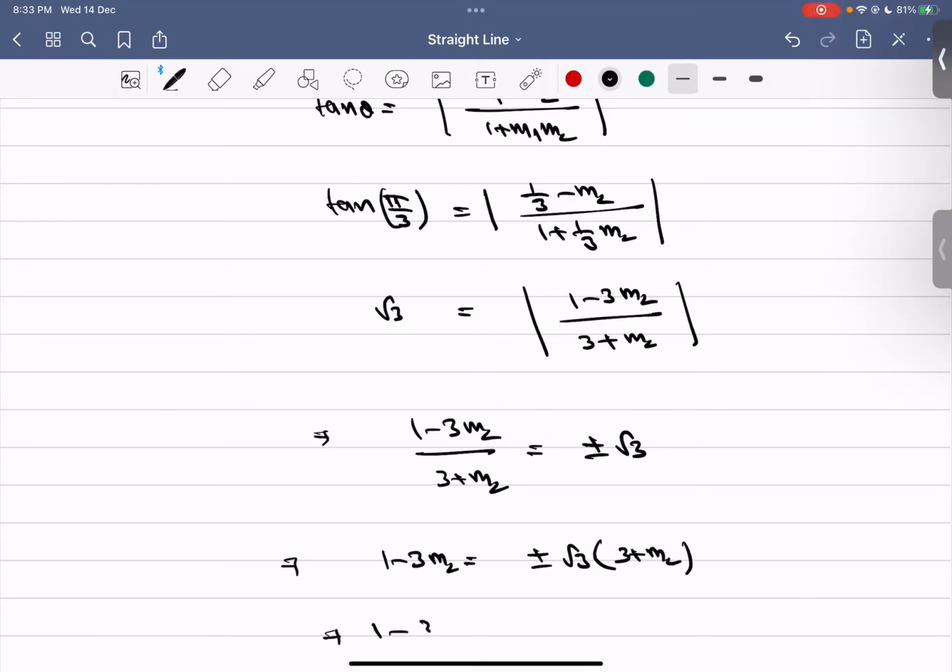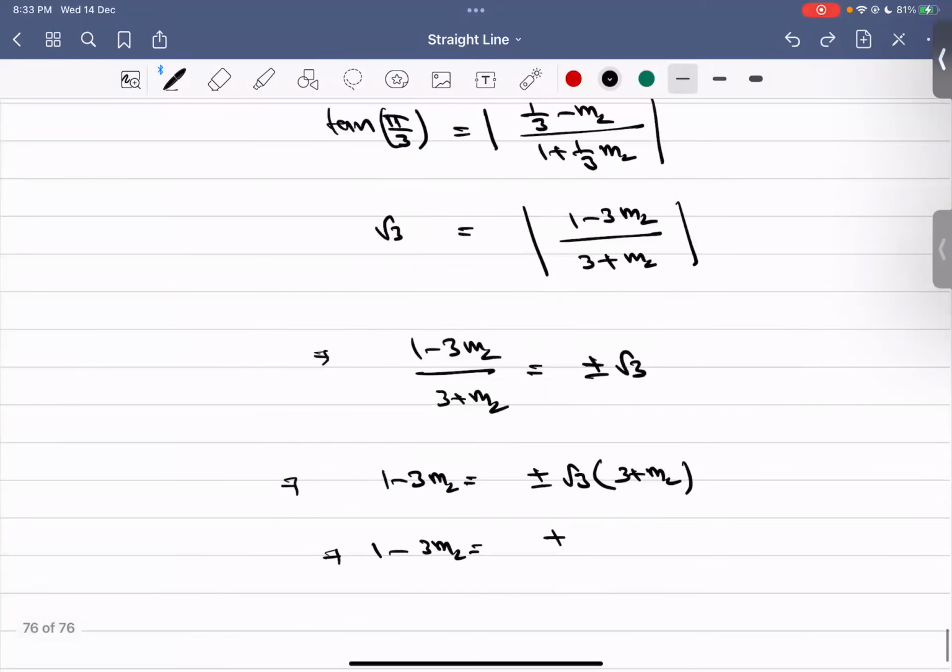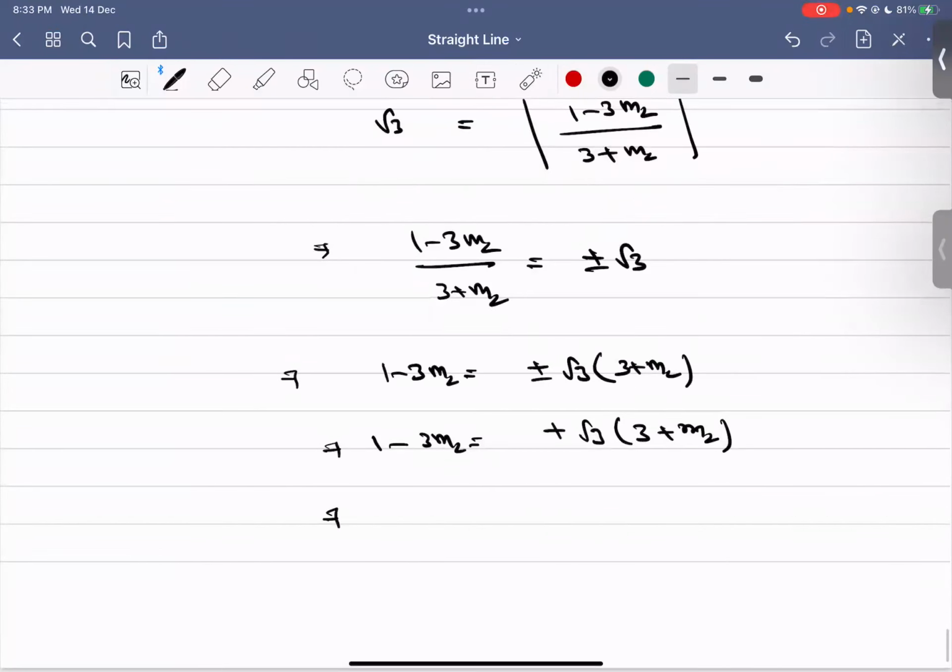That implies 1 minus 3 m2 is equal to plus or minus 3 root 3. Take the first plus sign, plus root 3 into 3 plus m2. That implies 1 minus 3 m2 is equal to 3 root 3 plus root 3 m2.